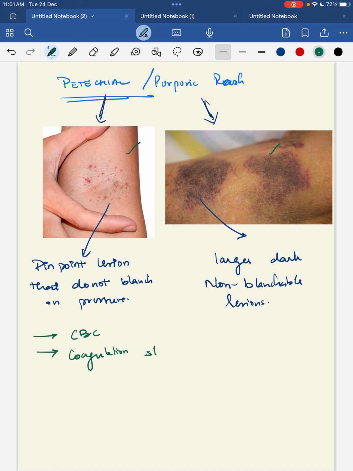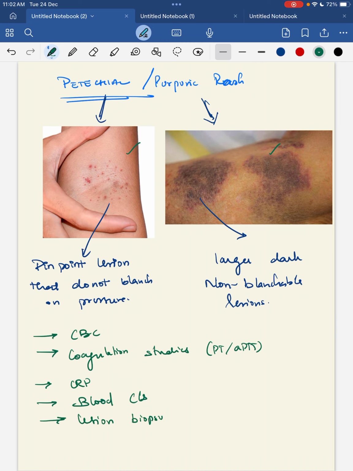Next will be your urticarial rash. Urticarial rashes are mainly due to your allergic reaction or drug reaction, but this can also occur due to your virus and bacterial causes. So the causes of your urticarial rashes are viral causes, your EBV and HIV.